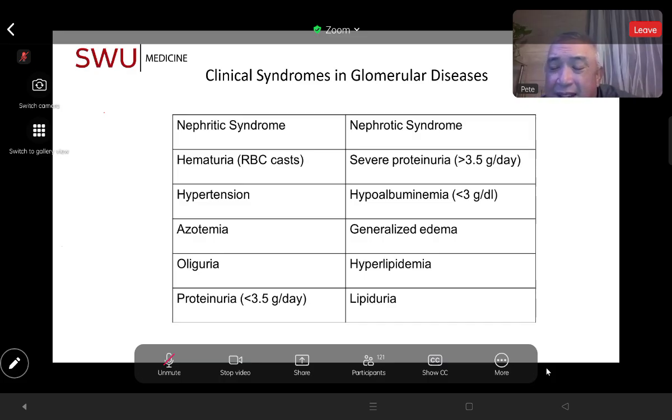Again, when you have the prefix a, it means without. If the value is less than 50, then the value is anuric.